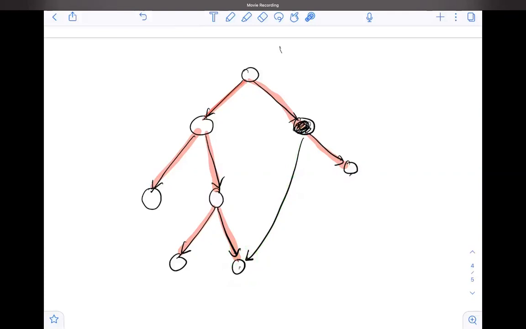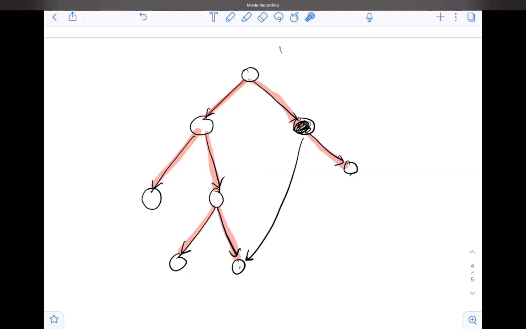So if we divide all the vertices into level sets, then there cannot be a graph edge, forget the tree edge, a graph edge between level I and anything more than I plus 1.